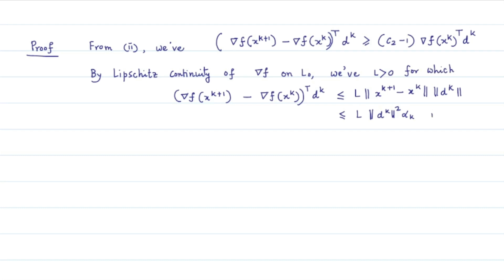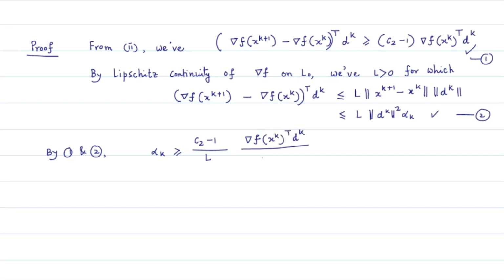And by combining this inequality with the previous one, let us name them 1 and 2, we get alpha k greater than or equal to c2 minus 1 divided by the Lipschitz constant capital L times grad f xk transpose dk divided by norm of dk square.